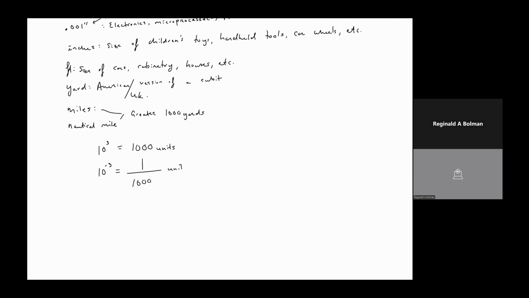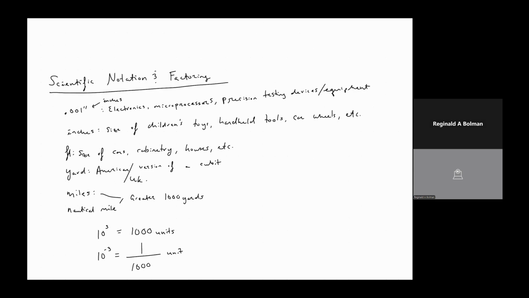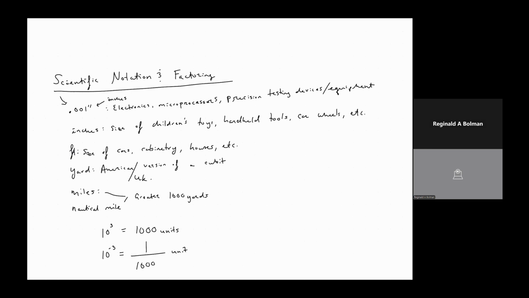So we measure, say, precision tooling using 1,000th of an inch or 0.001 because that is the threshold by which the inch as a unit becomes meaningless. Anything smaller than 1,000th of an inch, well, it's certainly possible to measure it. It would probably be best to simply move to a new unit of measurement to begin with and start over in terms of your measurement.